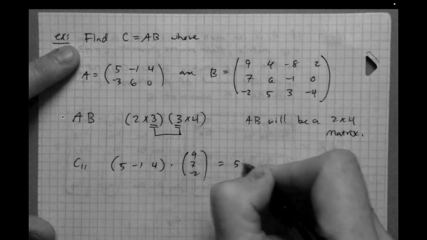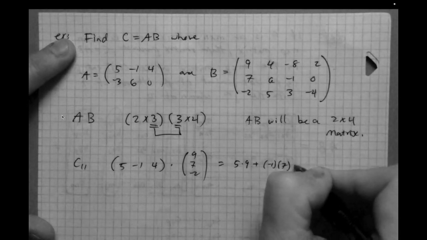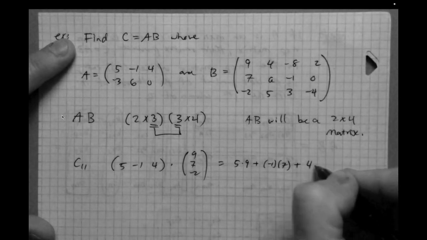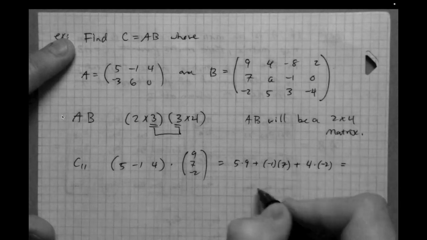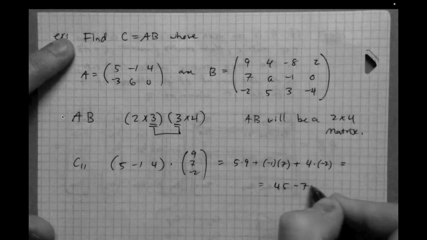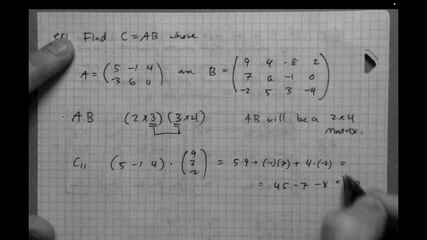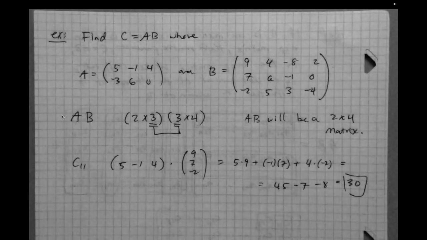It's 5 times 9 plus -1 times 7 plus 4 times -2. When you do that, what do you get? 45 minus 7 minus 8, and I think that's 30. So the C11 entry is going to be 30.